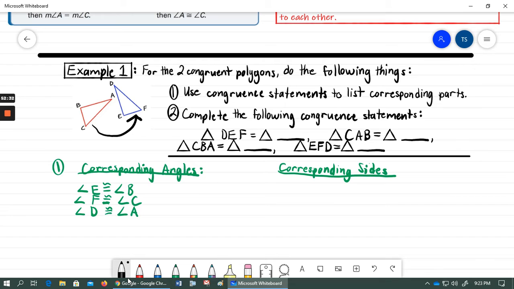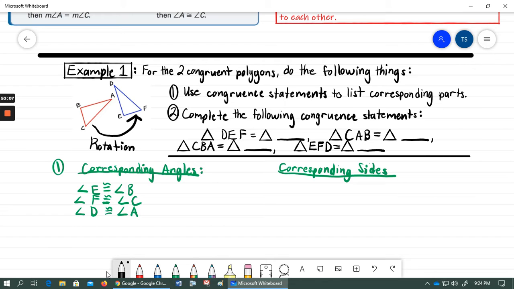If we were going to talk about what type of rigid motion, what type of isometry, what type of transformation could have created these two congruent polygons, it looks like some type of rotation has happened, like a rotation of 90 degrees counterclockwise around some type of point.